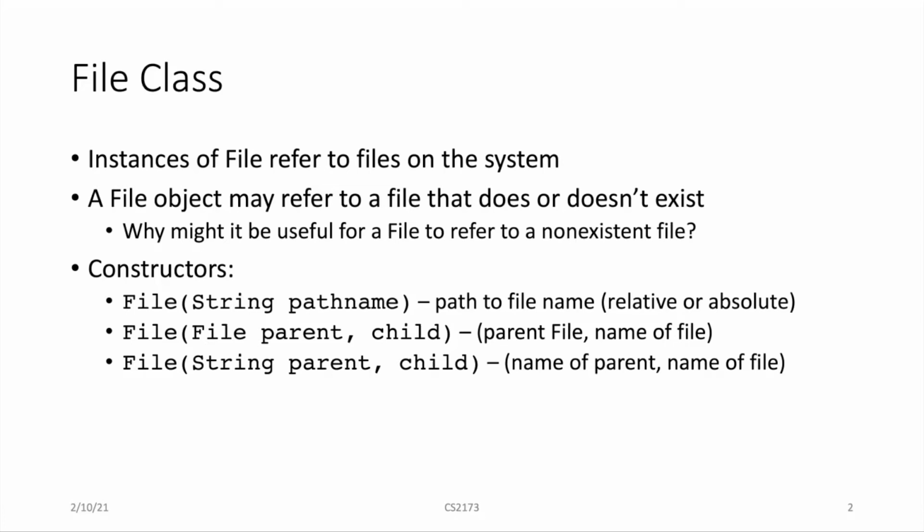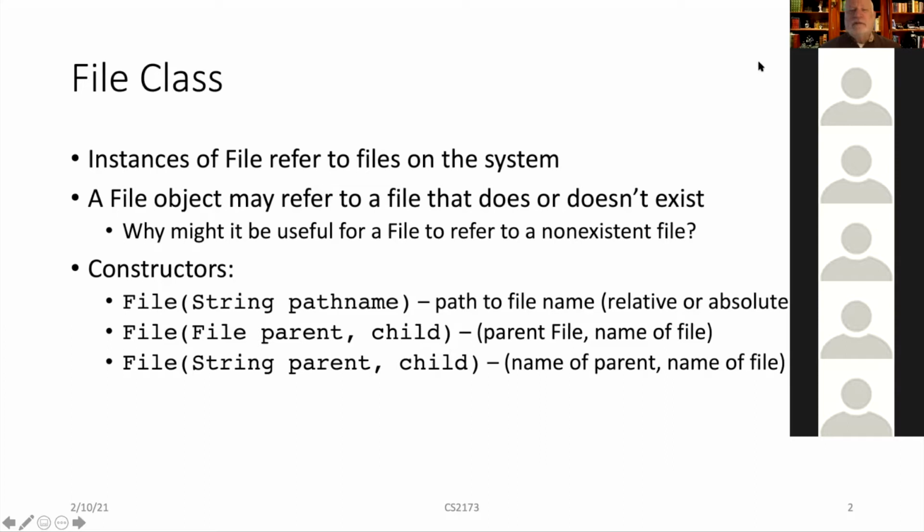Obviously, if I have a File variable that is null, it can't refer to anything, because null doesn't refer to anything at all. But can you think of why it might be useful to have an object of type File that refers to a file that doesn't exist on the file system? Maybe you want to create the file.